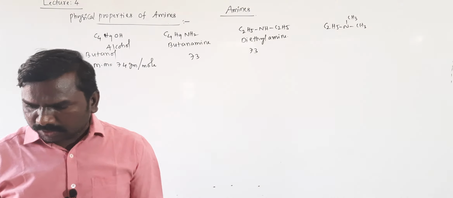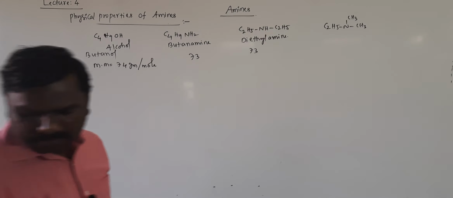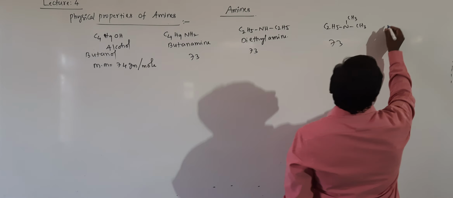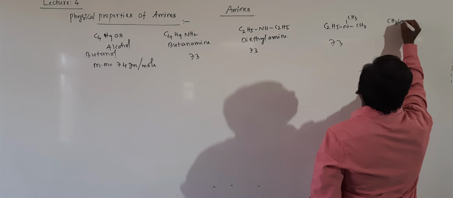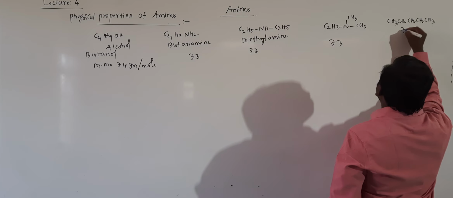Another one is C2H5CH, okay, it is also 73. Next one, CH3CH2CH2CH2CH3, it is 72.